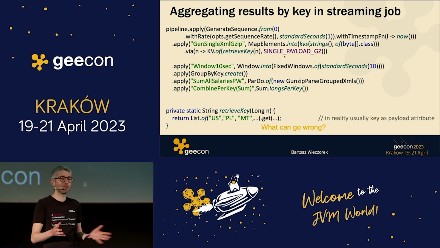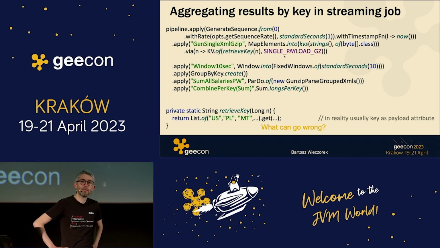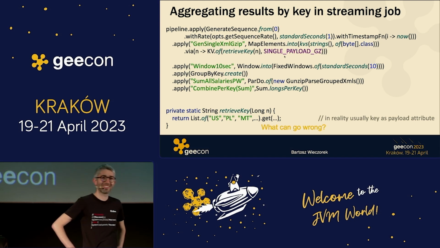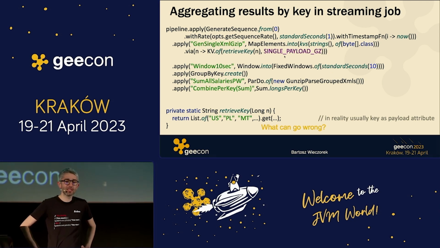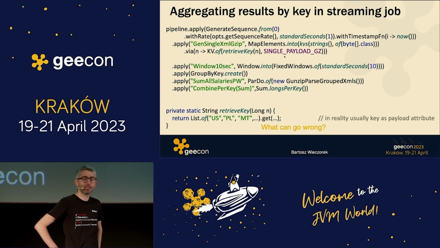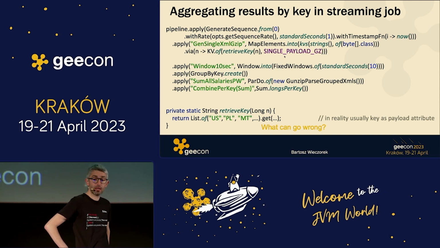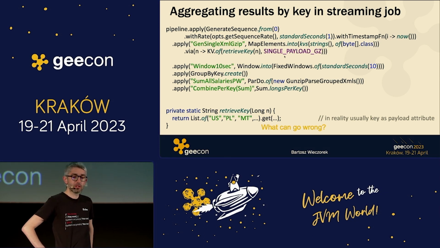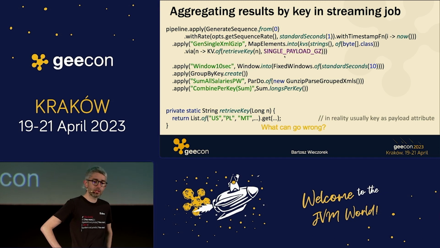What can go wrong with that pipeline or with that data? Give some time for thinking. No pressure, guys. In reality, the country code can come from the payload that we receive from PubSub or from Kafka, so we don't really need to parse the payload to get this attribute.